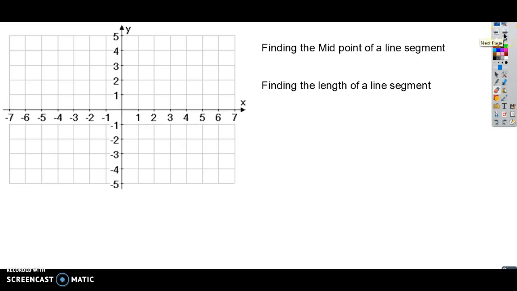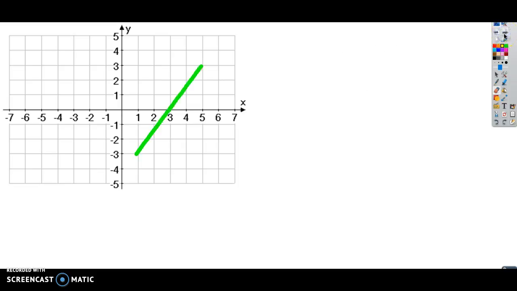So what we're going to do is have a couple of little practice runs on how to find our midpoint and also our length. A good way to start is by simply finding out exactly what our start point and our end point are. Whenever you're working off a Cartesian plane, that would be your first step.